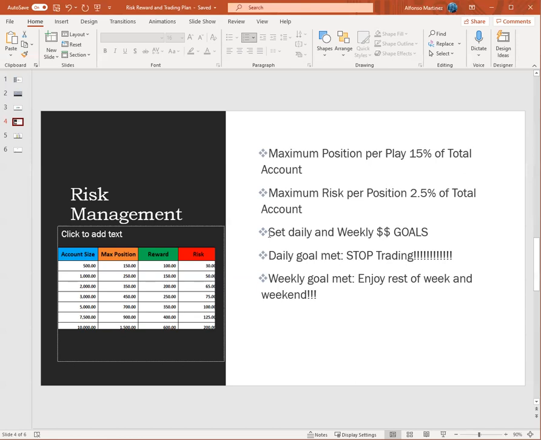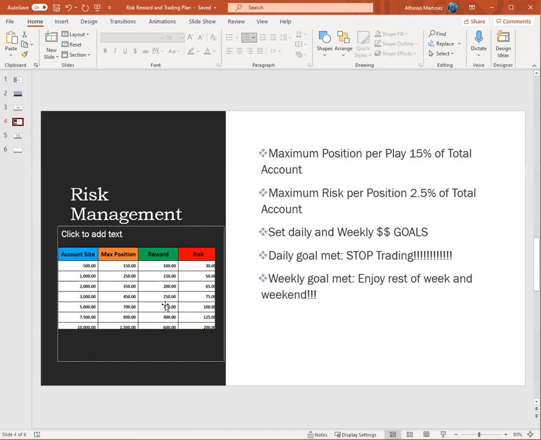Another very important point here is that we have to set our daily and weekly goals. In other words, if we have a $3,000 account and we're going to make a $250 average profit per trade, we have to define how many trades we're willing or able to do with our account size and what is the achievable goal that we can have with that.